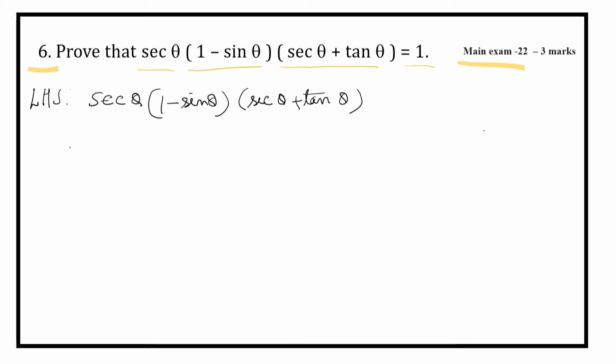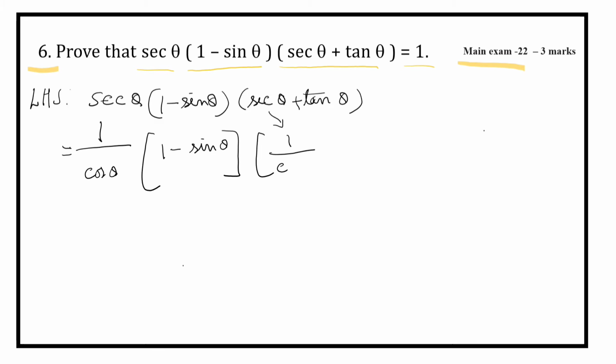Now in the next step, let us convert all the ratios into sine and cosine ratios. Secant theta is equal to 1 by cos theta. We know it. Need not change it. 1 minus sin theta. Here secant theta is equal to 1 by cos theta. Tan theta is equal to sin theta by cos theta.